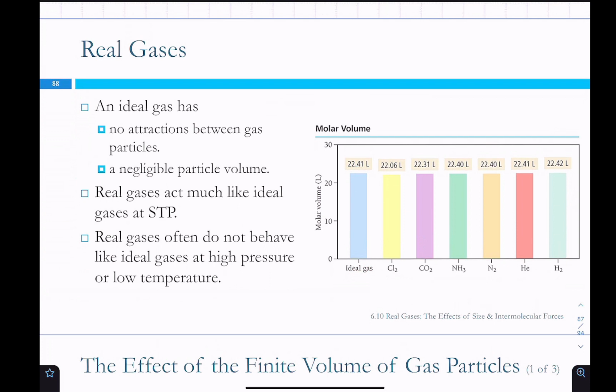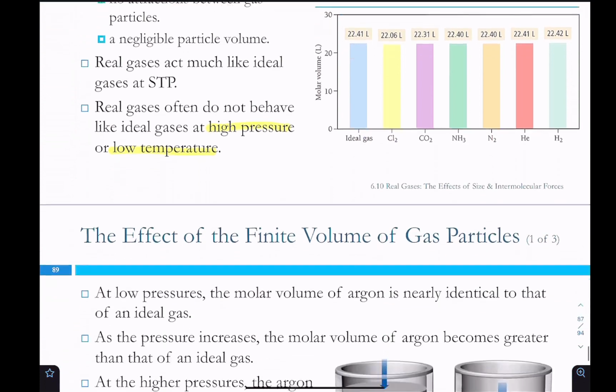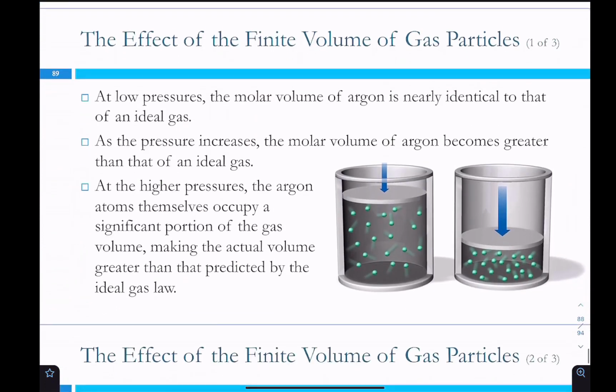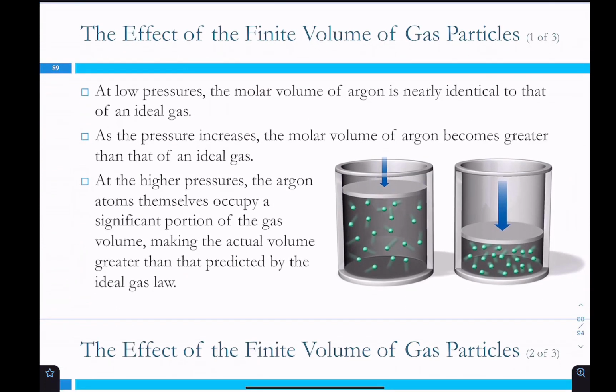So as we talked about before, at high pressure or low temperature, that's when things start to really deviate from these ideal gases, because they have attraction. So at low pressures, the molar volume of argon is nearly identical to that of an ideal gas.